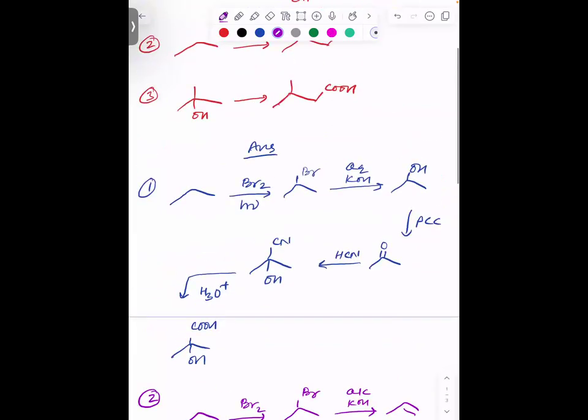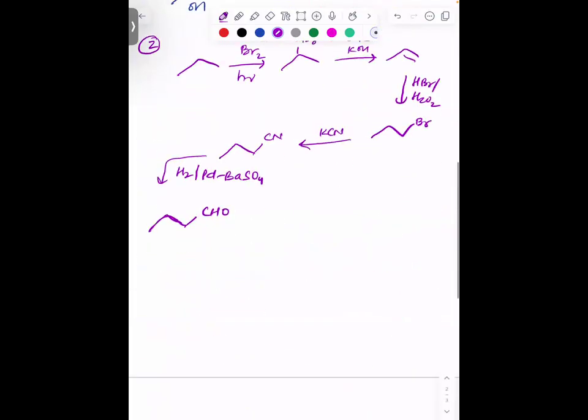So the last question is, you have to convert 2-methyl propan-2-ol to 3-methyl butanoic acid. Again, the increase in carbon number. How to increase the carbon number? So this is the compound.